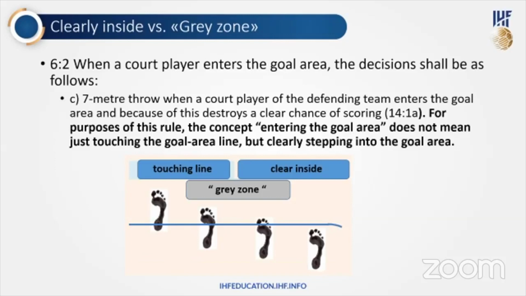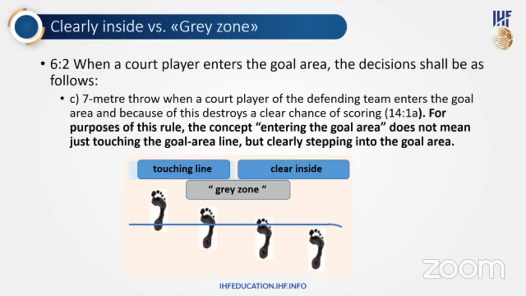But the next sentence is also very important, and I know that coaches, referees also sometimes, players, TV experts, TV commentators, media, spectators, they don't know that this second sentence exists. And that is, for the purpose of this rule, the concept of entering the goal area does not mean just touching the goal area line, but clearly stepping into the goal area.